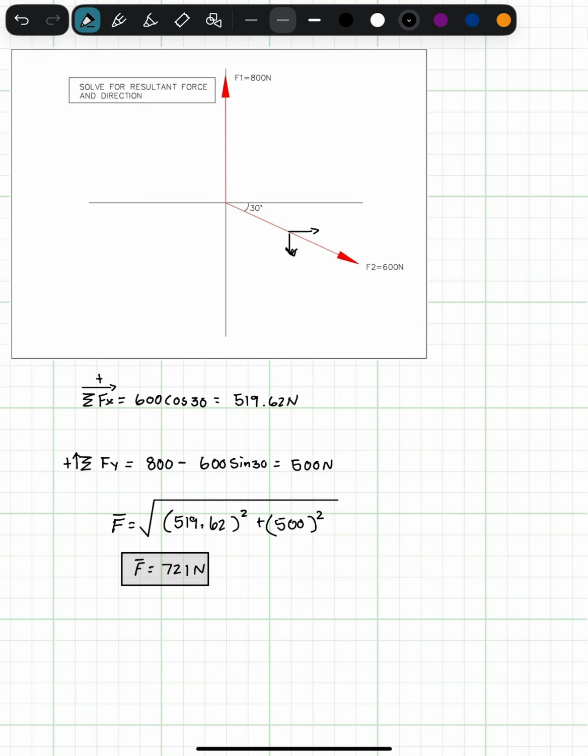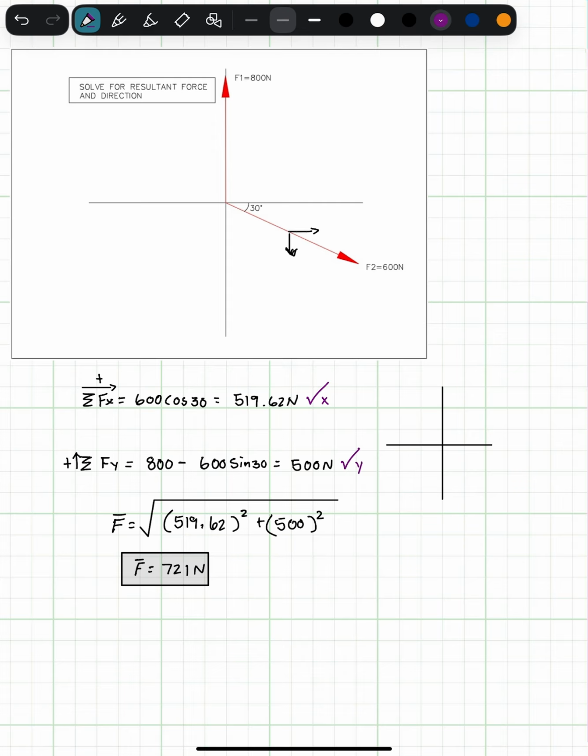Okay, so it's asking us for the direction. Now, this is our x component and our y component, and they're both positive. So if you were to draw a representation of the components, let's do it in purple.